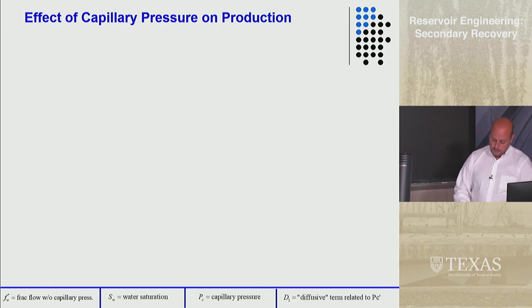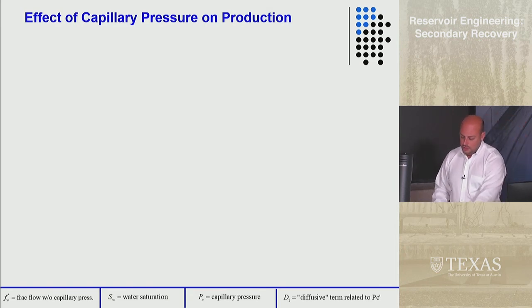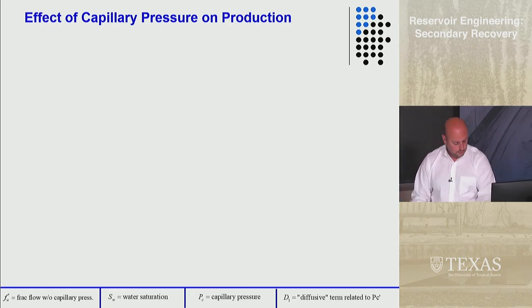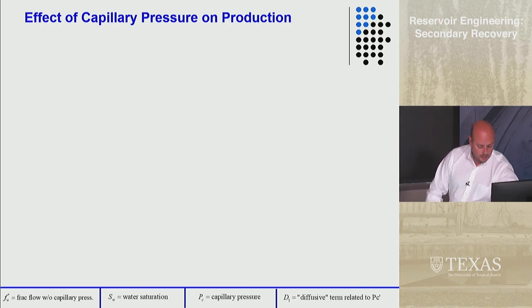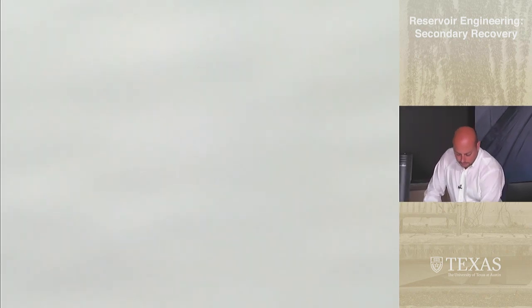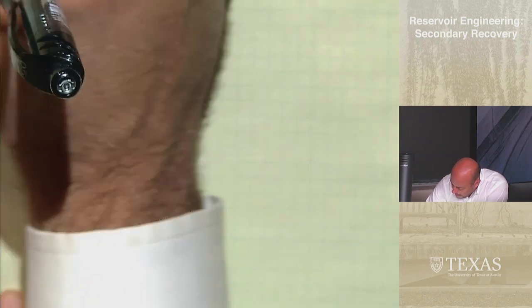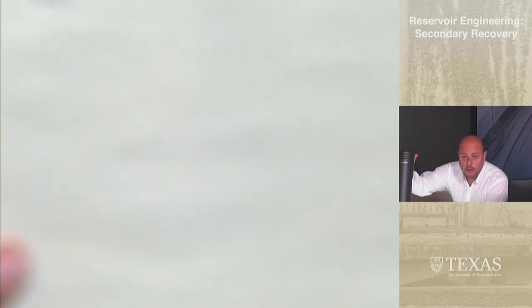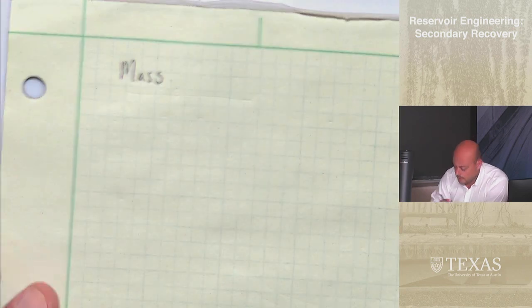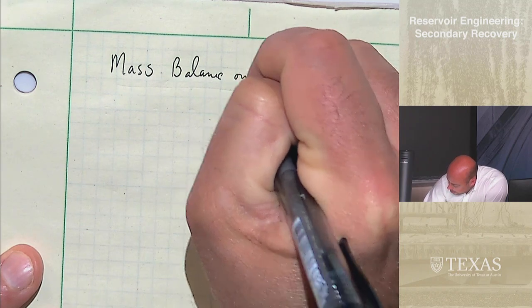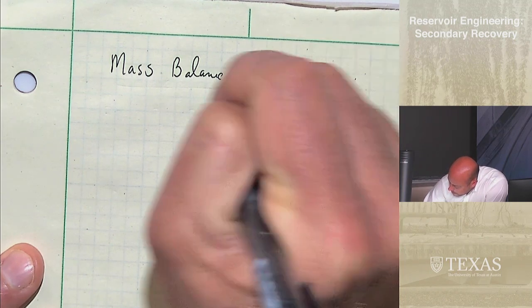Then there is one last case, which is sometimes we do need to directly include the capillary pressure in our simulators. And let me talk a little bit about that. So remember our mass balance on water.